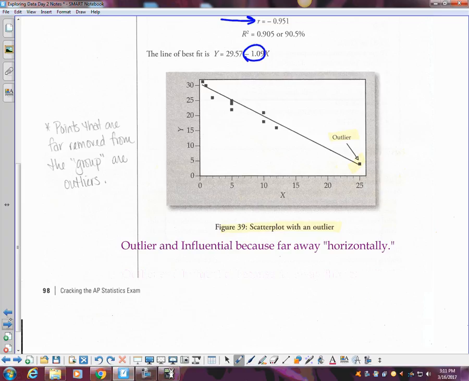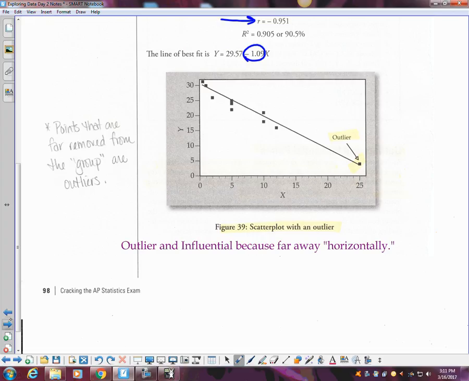This guy is an outlier because do you see this massive gap in between it and the rest of the data? Now, it's not going to affect the slope or the placement of the line of best fit. So it is not influential. No, sorry. Let's backtrack that. He is massively influential.